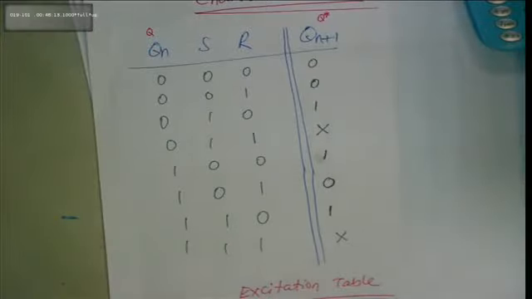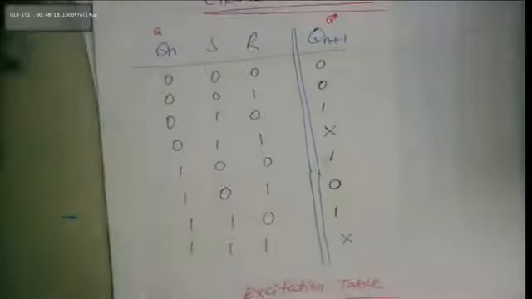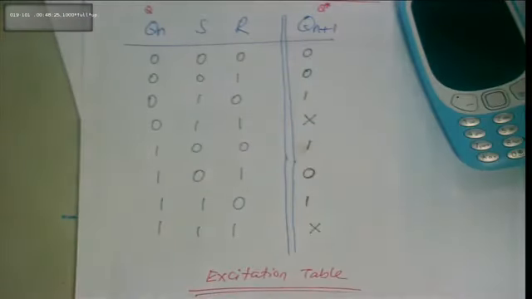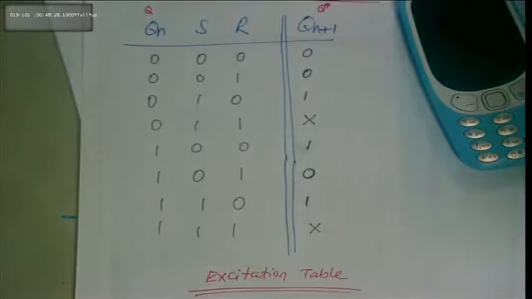Now, the excitation table is the other way around. What is the difference between the characteristic table and the excitation table? In the characteristic table, the previous state is given, and we are trying to find the next state. What is the target? We are finding the next state.